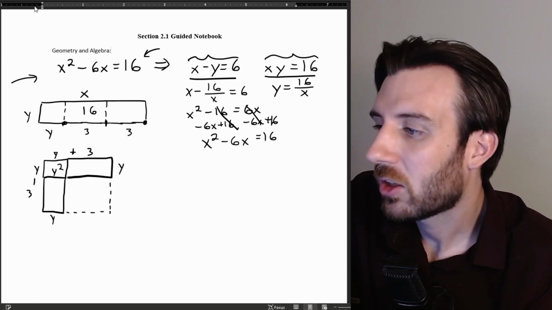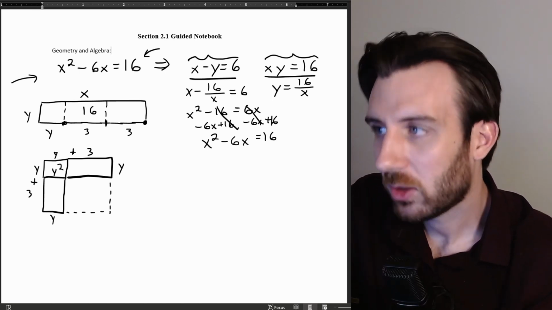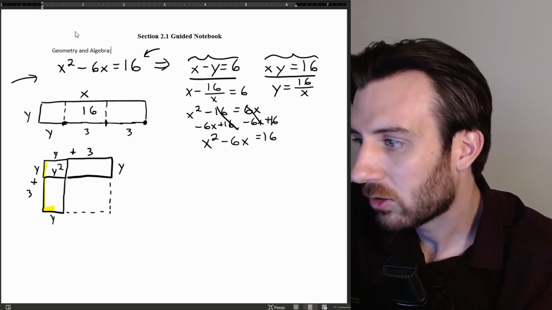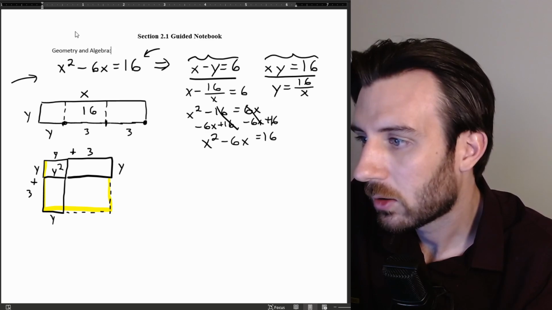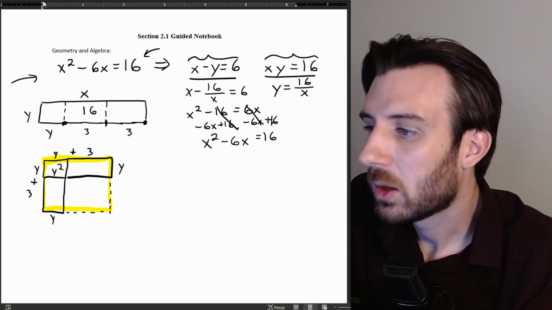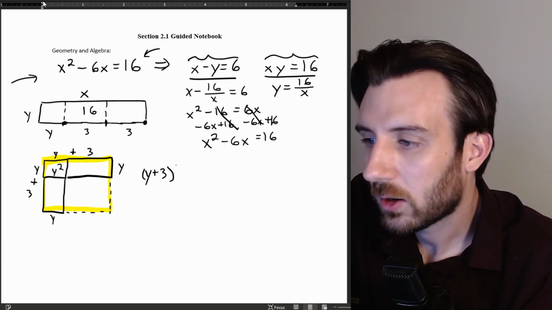And so here I have another y and 3, so my entire shape would be a y plus 3 square, a square that is made from y and 3. That would be this shape right here. So my yellow is going to be my y plus 3 square.